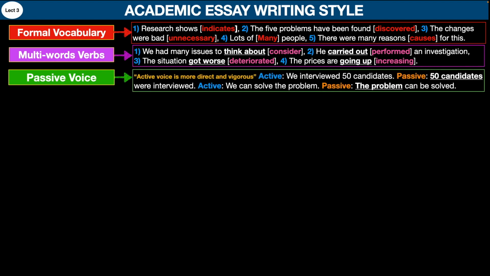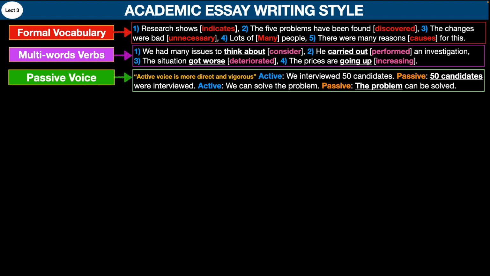To be honest, active voice is more direct and vigorous, but passive voice is sometimes welcome and accepted. It totally depends on what your argument is and what context you are going to present. If you want to stress the object rather than the subject, then use passive voice. But if you want to present the subject to your audience, then use active voice. Here are some examples.